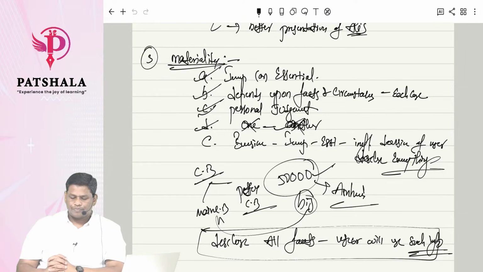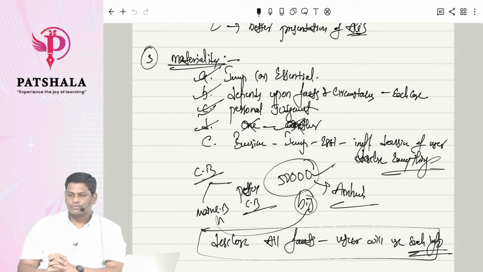Next, materiality changes from person to person, business to business. Last point.